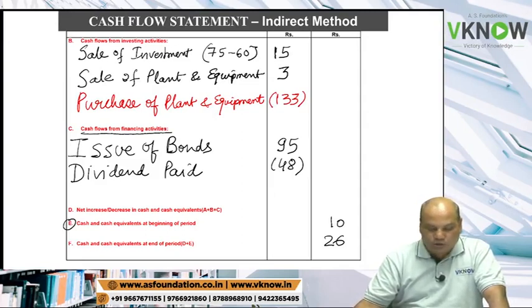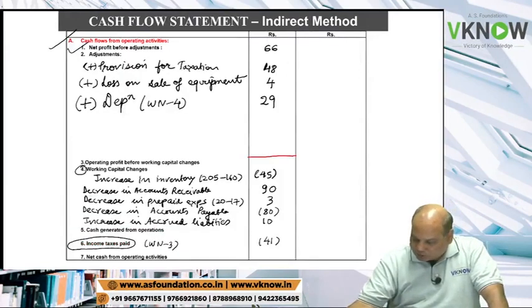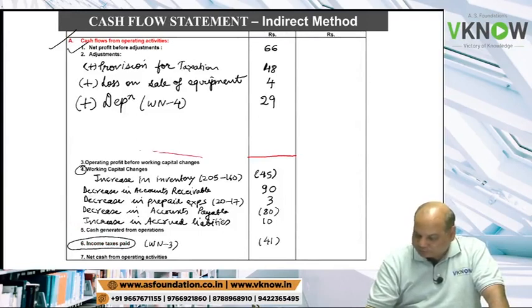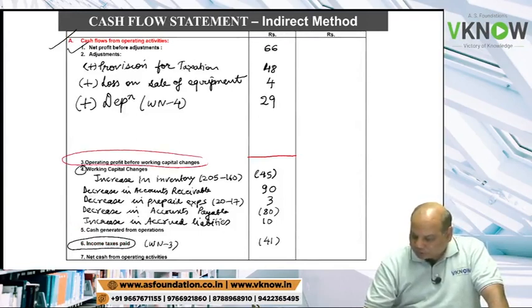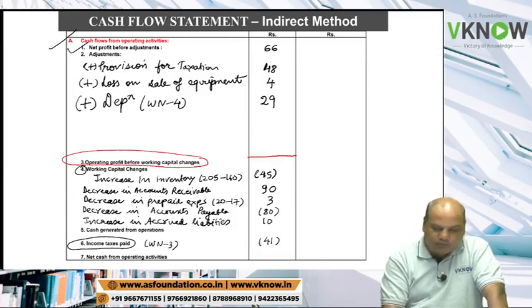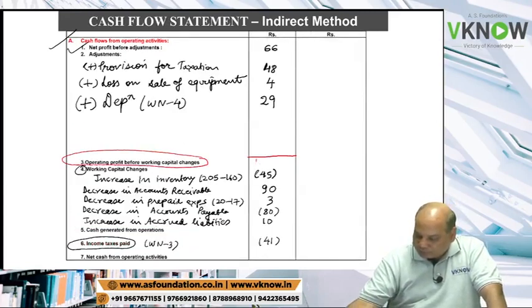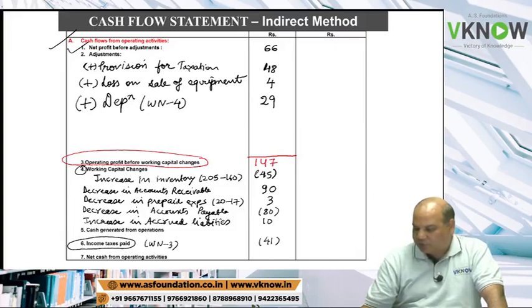All working notes are closed, so now we can close our answer. Dear student, please come to point number 3, operating profit before working capital changes. Take the total; you will get 147.